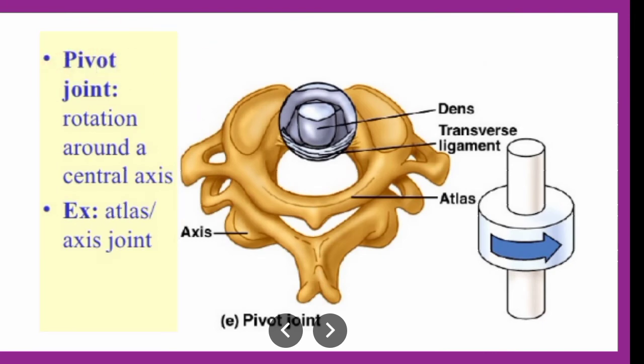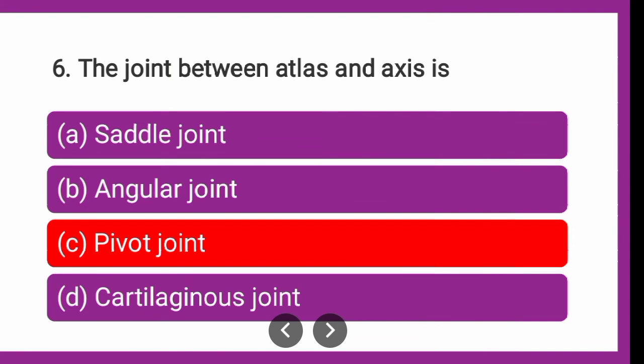The correct answer is pivot joint, for example the atlas axis joint, which rotates around the central axis. That means it will allow the movement of the head, which are the vertebrae of the neck, first and second vertebrae, atlas and axis. So the correct answer is pivot joint.